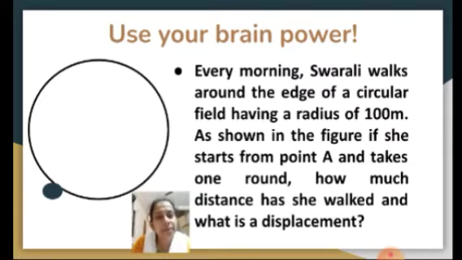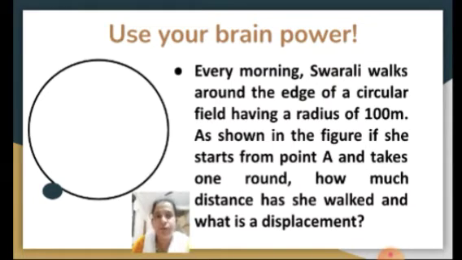Now, you have learned about distance and displacement. Distance is the length of the actual path travelled. So here the length of the actual path travelled would be the circumference of the circle. Therefore, to find the distance, we take into consideration the circumference of the circle. Whereas displacement is the minimum distance, and the minimum distance would be the point A itself.